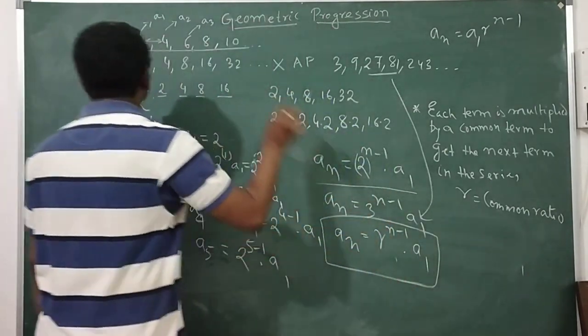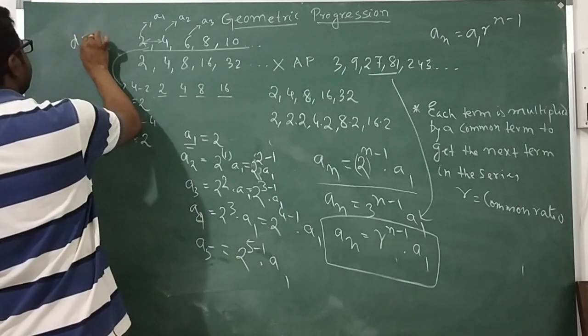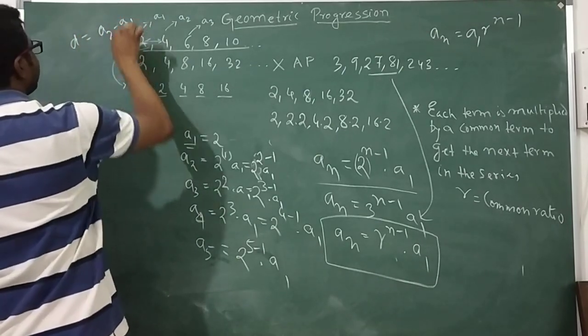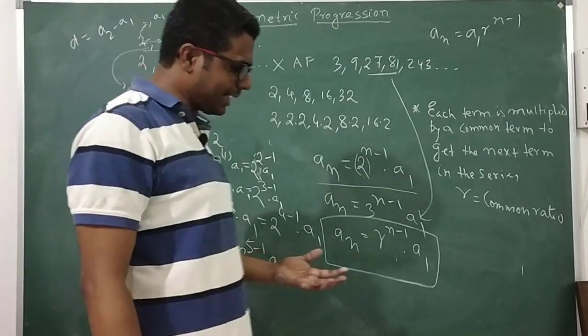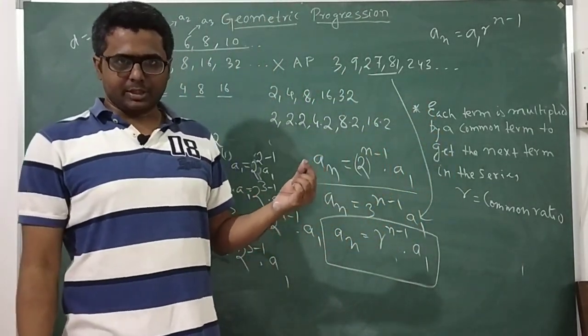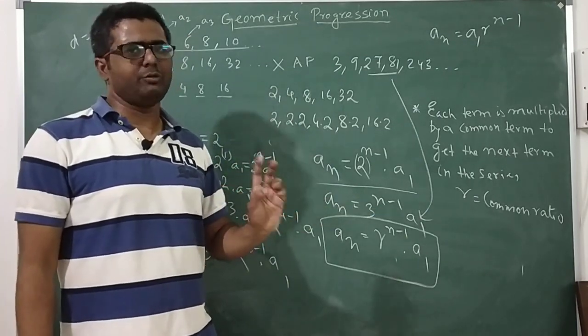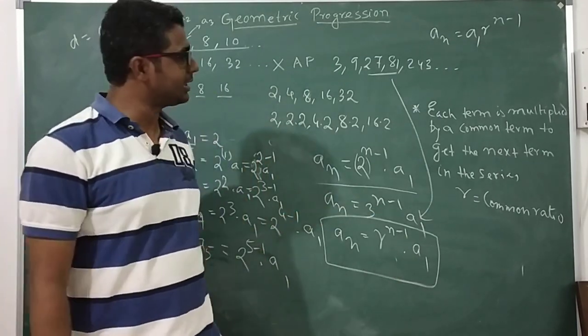While finding the common difference of any series, what did we do? D is equal to A2 minus A1. That is, we subtracted two consecutive terms, second term minus first term or third term minus second term, and we calculated the value of the common difference.